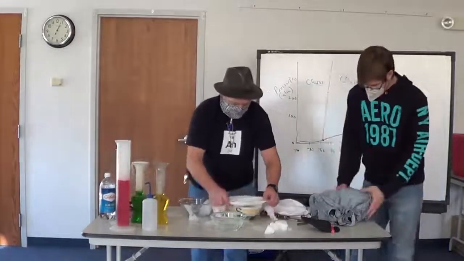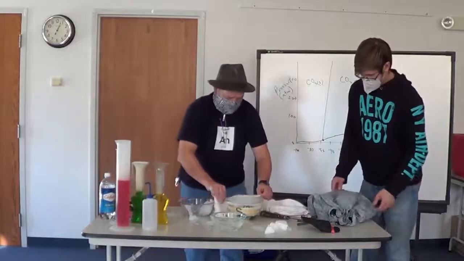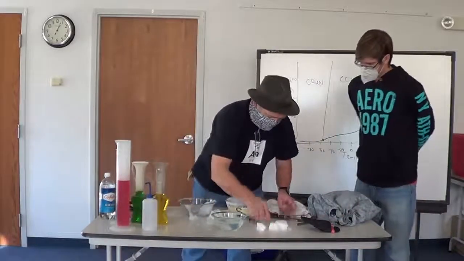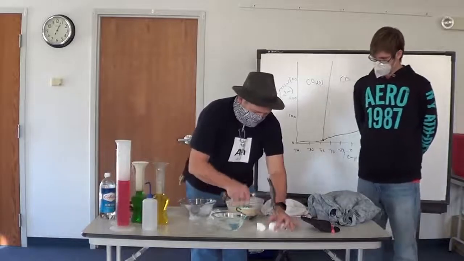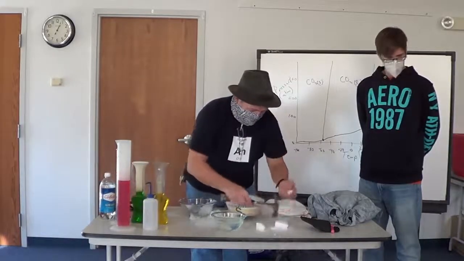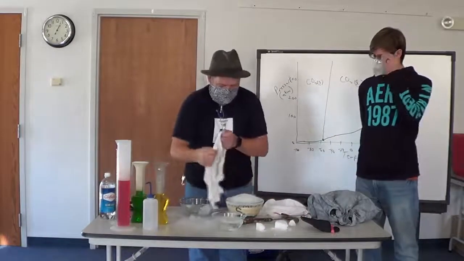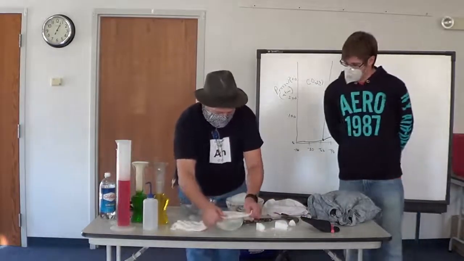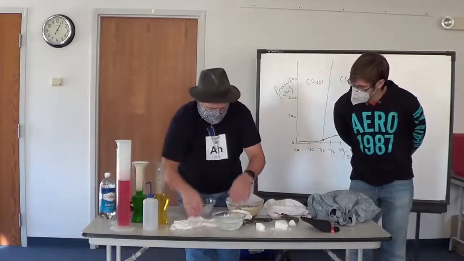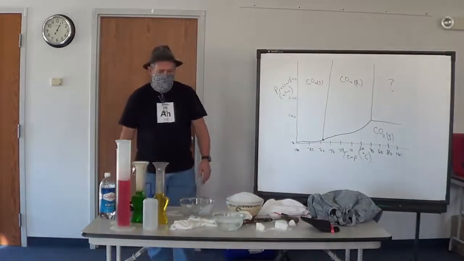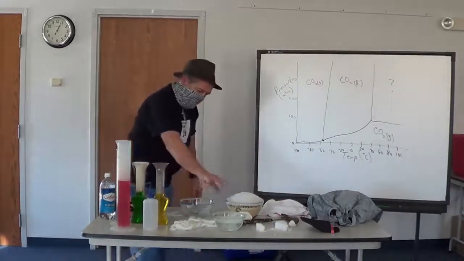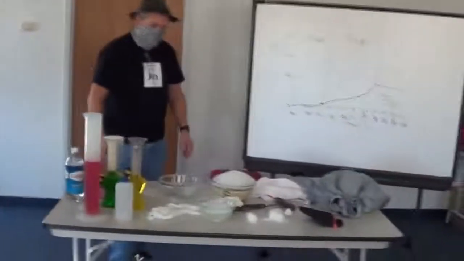I've got a little bit too much in there maybe. A lot of pressure going on there. Oh, there we go. All right, there it is. First try. You should be able to see it kind of doming up there on top.